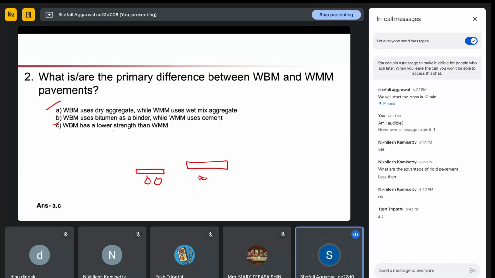And other thing is, we are not using bituminous binder, otherwise it won't let water penetrate through the base to the aggregates. And water bound macadam has a lower strength, obviously, since we are using only coarse aggregate and there is no good bond between the layers, so it will have a lower strength than WMM.